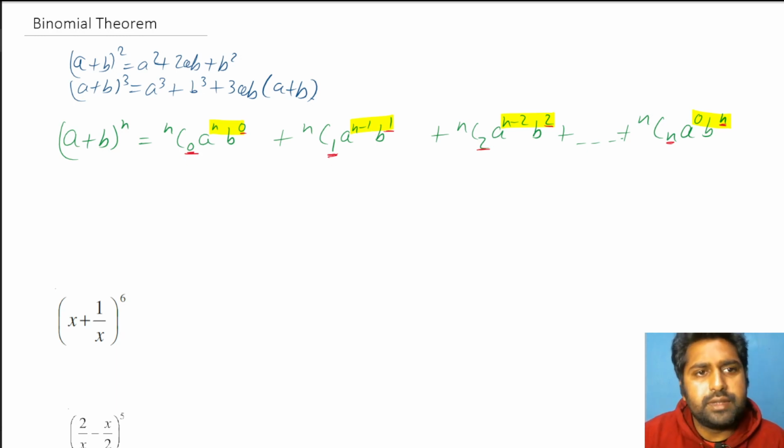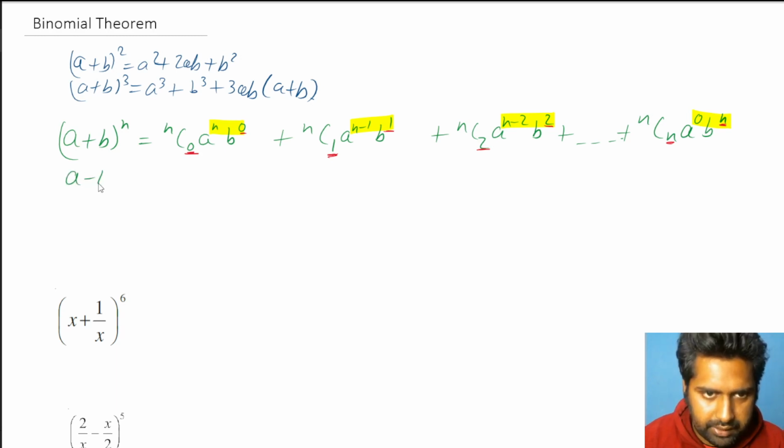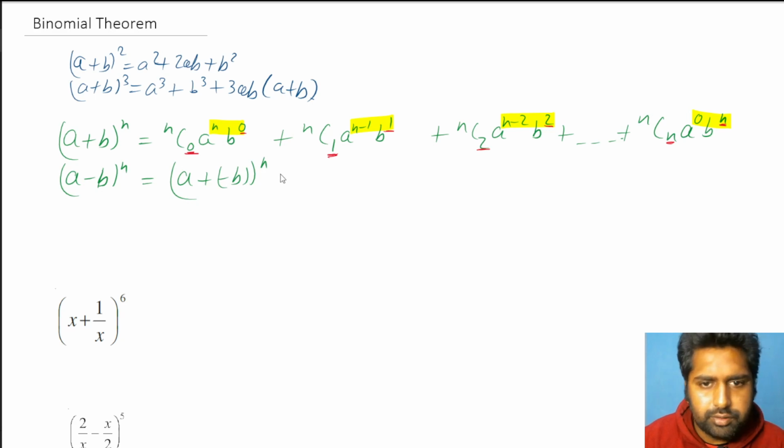What if, instead of (a + b), you are given (a − b) raised to power n? Again, I'm not giving you any formula for expansion, just the idea. You rewrite this as (a + (−b)) complete raised to power n. Now if you look at this, the only difference from the first expansion is that instead of b, you now have minus b.